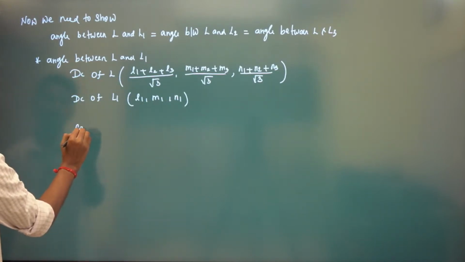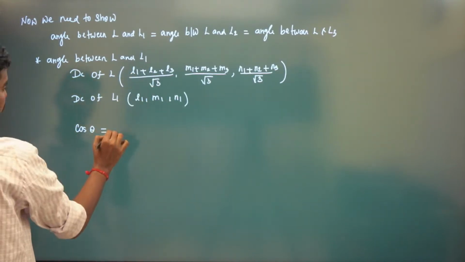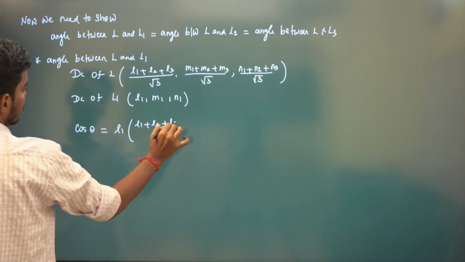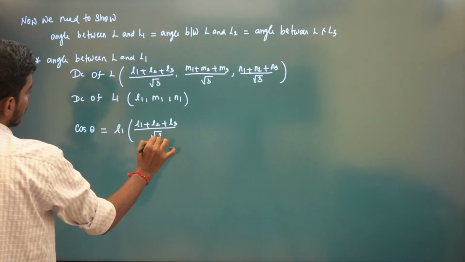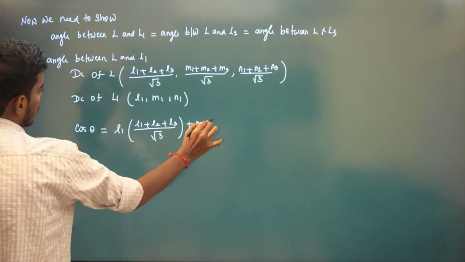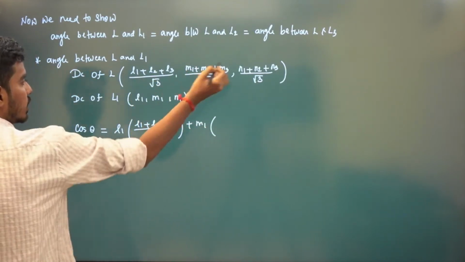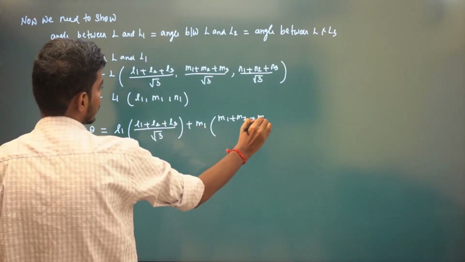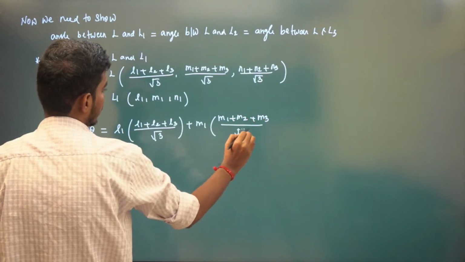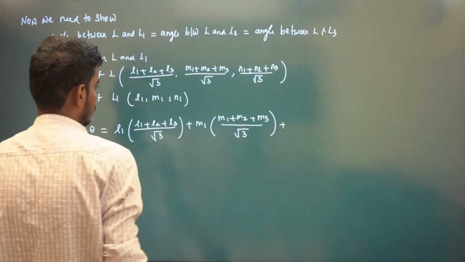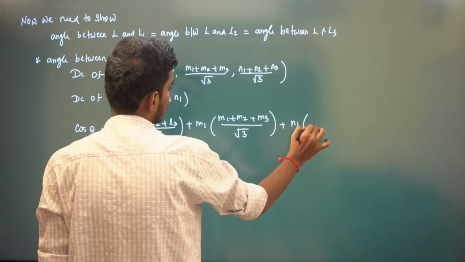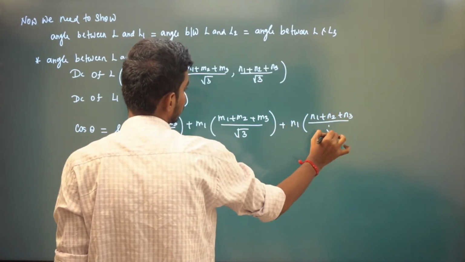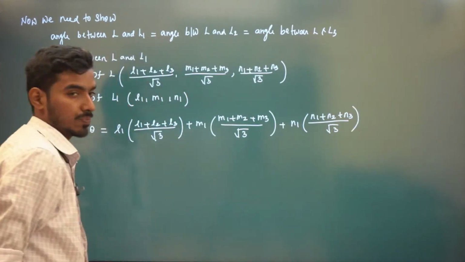So cos theta is equal to L1 into L1 plus L2 plus L3 divided by root 3, plus M1 into M1 plus M2 plus M3 divided by root 3, plus N1 into N1 plus N2 plus N3 divided by root 3.